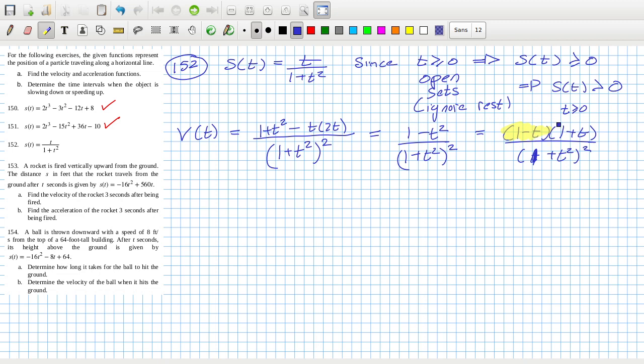So it's slowing down up to the 1 second mark. Yeah, so I think I can kind of guess the answer. See, its initial speed when t is 0 is 1, but then 1 second later it's 0. So it slows down between 0 and 1, and then speeds up after that.